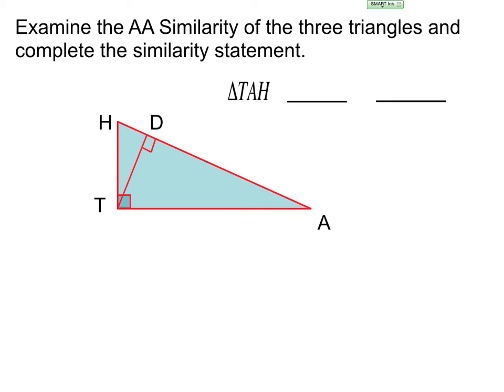Okay, so TAH, I have named the big triangle. I want you to name the other 2 in the right order that they match. Name the middle and the little one in the right order. Drawing the 3 triangles and marking the angles might be a good way to do it.